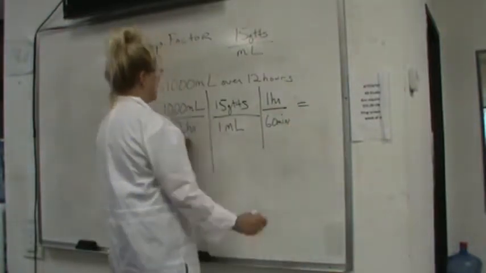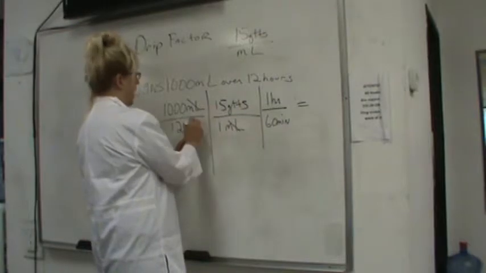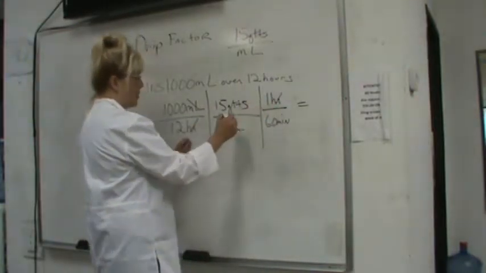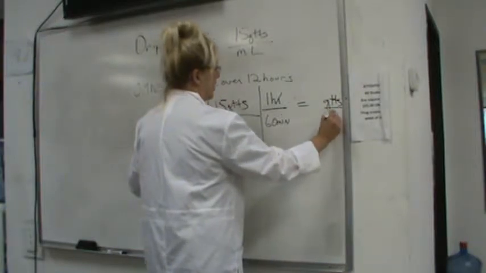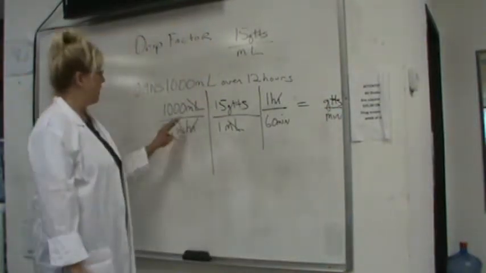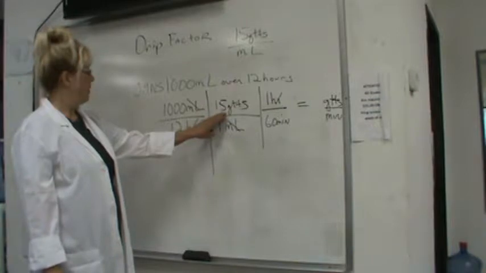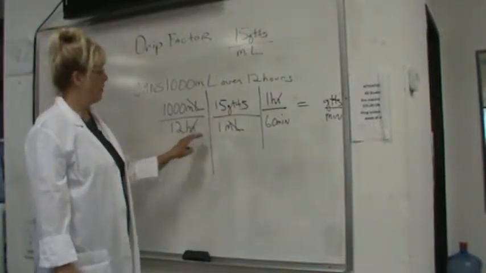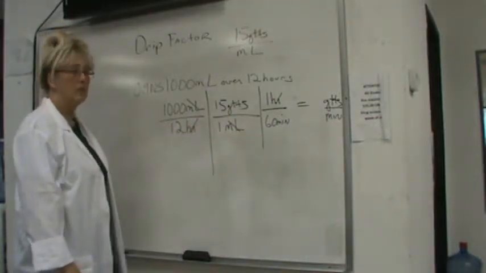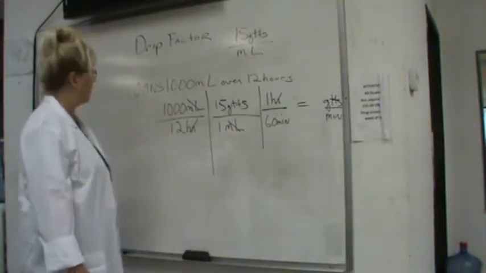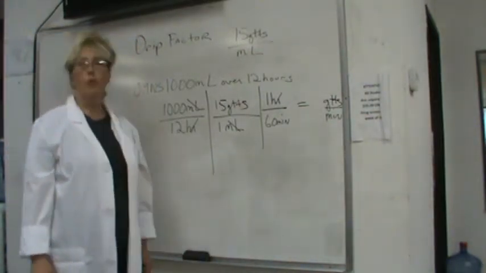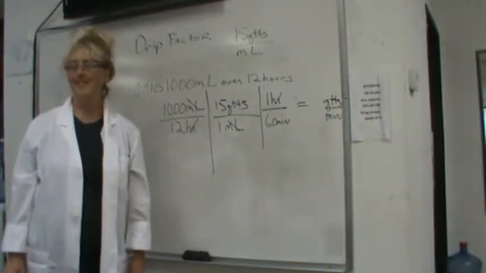Now look what cancels. mLs cancel mLs, hours cancel hours, and I'm left with drops per minute, correct? So we just have to do the math: 1,000 times 15 divided by 12 times 60, and then you have your answer. We're going for drops per minute.